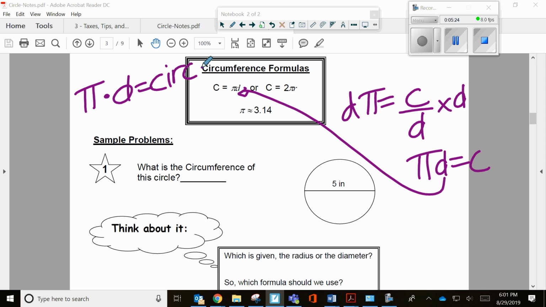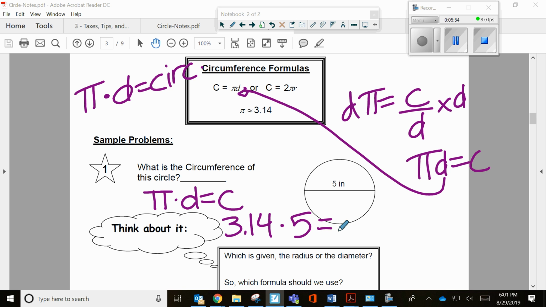So if I'm looking at this problem here, what is the circumference of the circle? I use my formula, pi times diameter equals circumference. Well, for pi I use 3.14 times the diameter, and it's going to be around 15, because I know that 5 times 3 is 15, so 3.14 times 5.